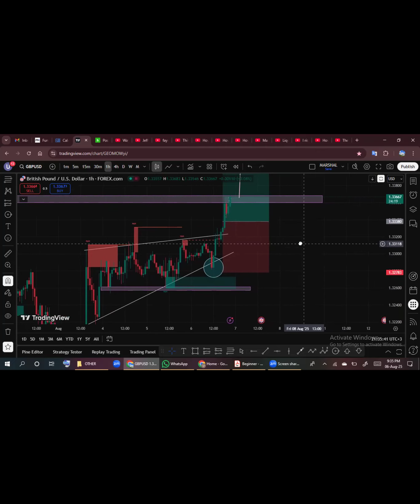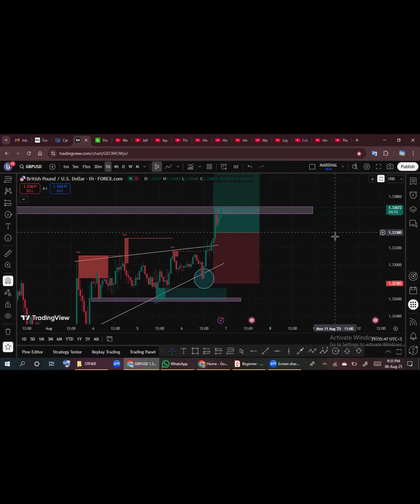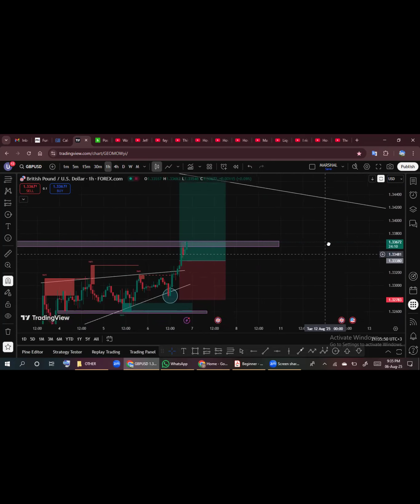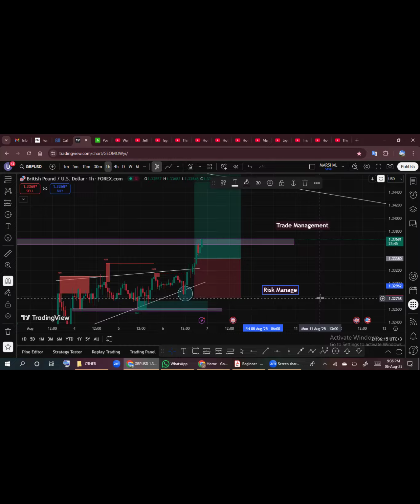Now, in risk management, there is also what we call trade management. If you recall, I said risk management has to do with any plan or action you take before and during the trade.